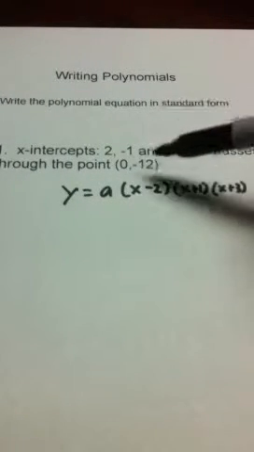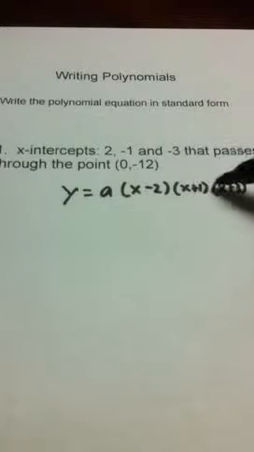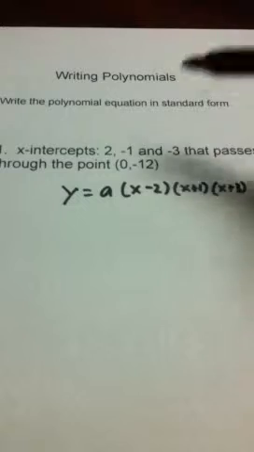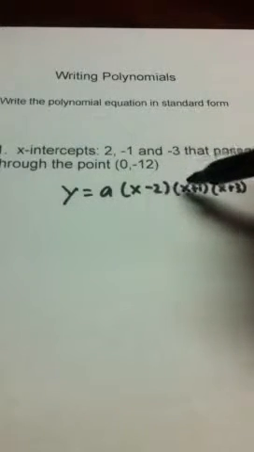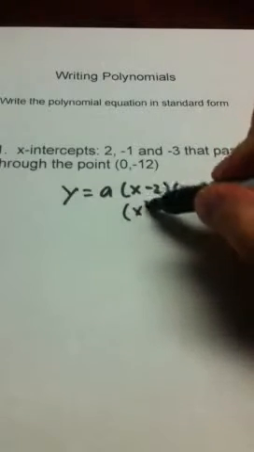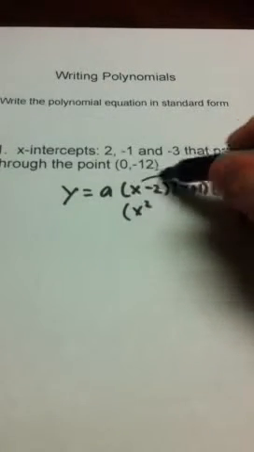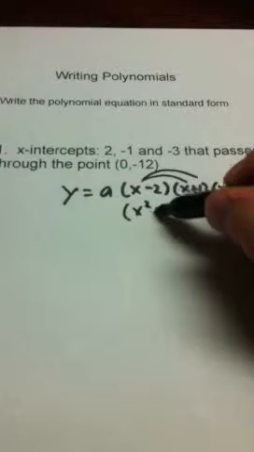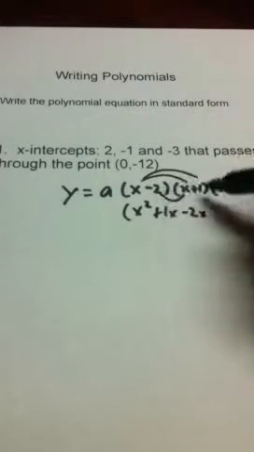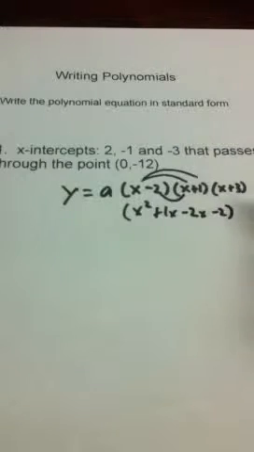Alright, so next thing I'm going to do is expand this out. I'm going to multiply this out, take the first two, multiply them together, x times x. So there's my x squared, and then x times 1 is plus 1x, negative 2 times x is negative 2x, negative 2 times 1 is negative 2.